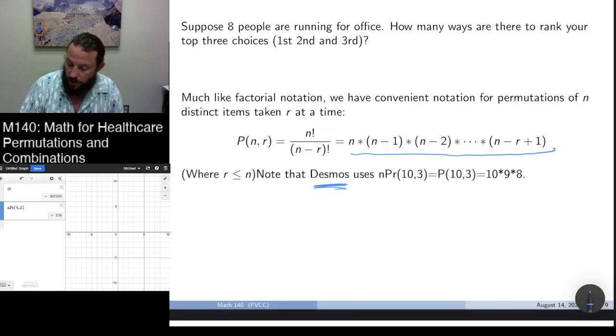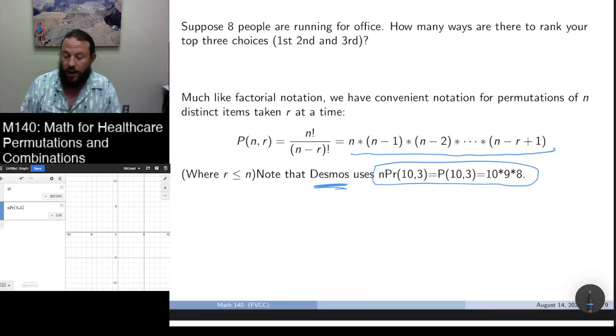Use Desmos in order to find out what our values are. You don't need to be doing this by hand, especially when the numbers get large. One last note is that this only holds when r is less than or equal to n, which makes sense because if, say, you had 10 things, you can't reach in and grab 11 out of there, right?